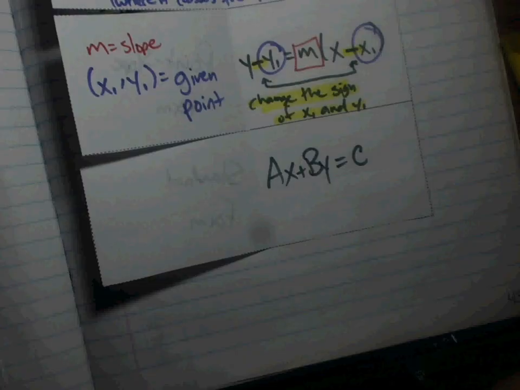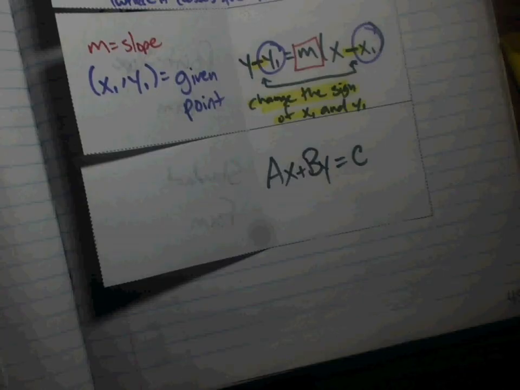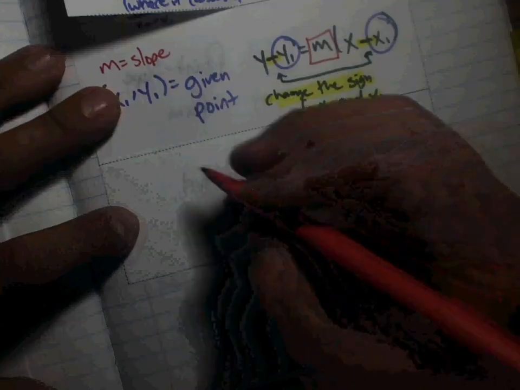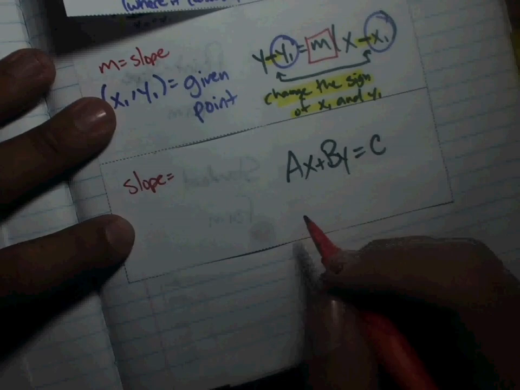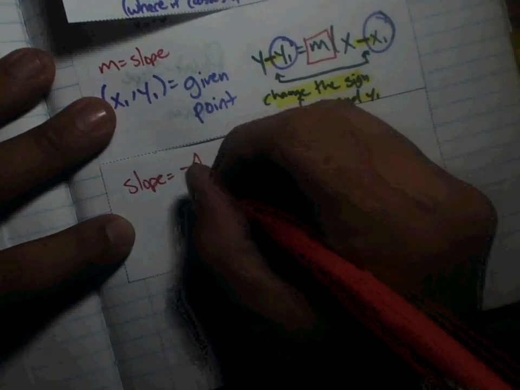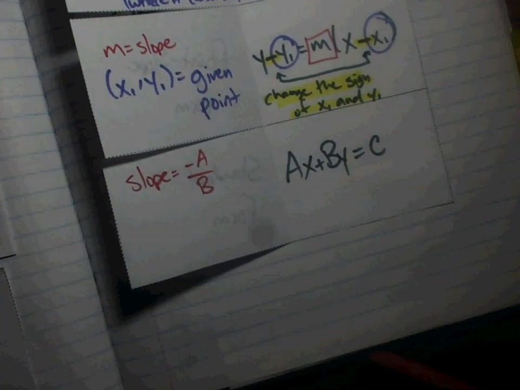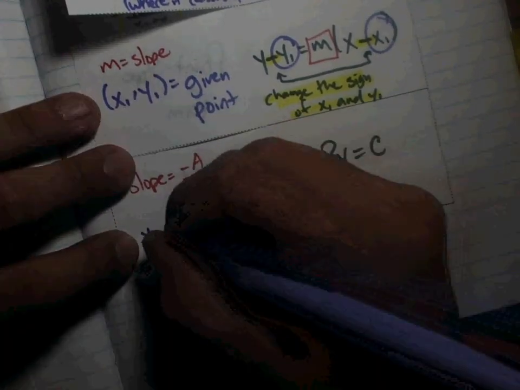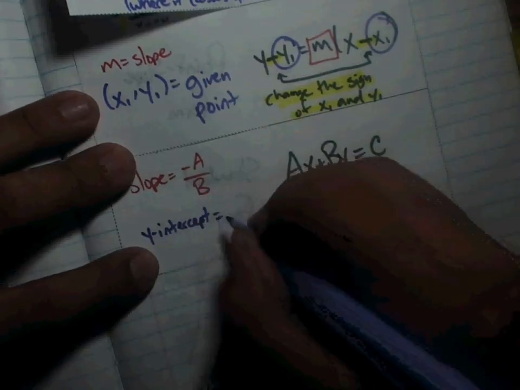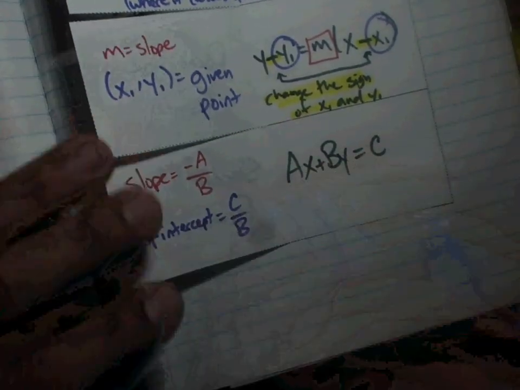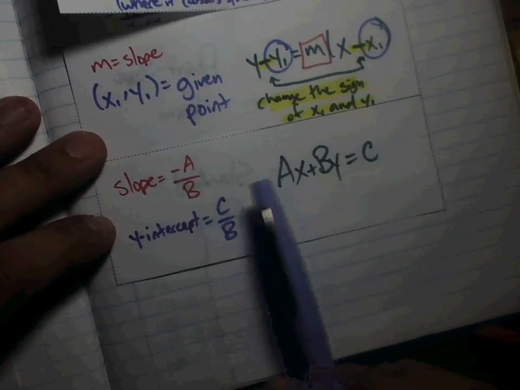To find the slope, there's no m in this case. It's negative a divided by b. Whereas to find your y-intercept, you do c divided by b. We might see one like this, but we don't really look into it.